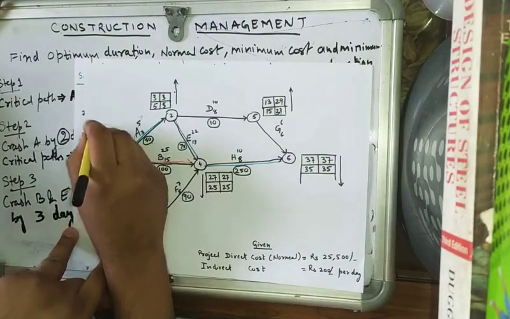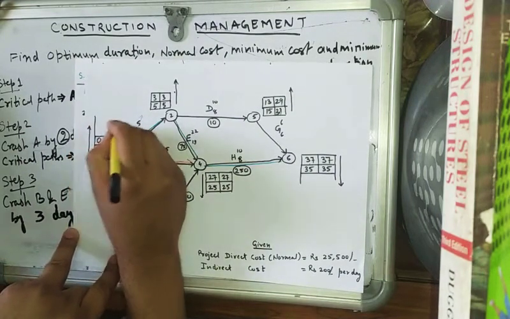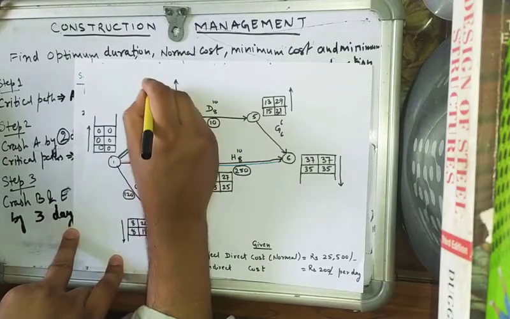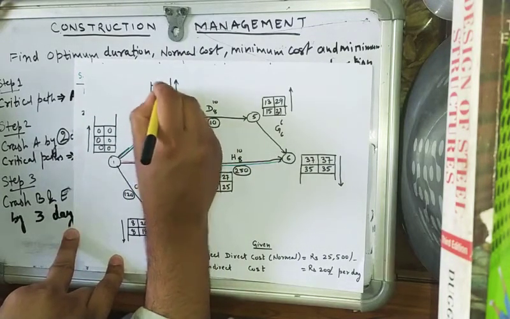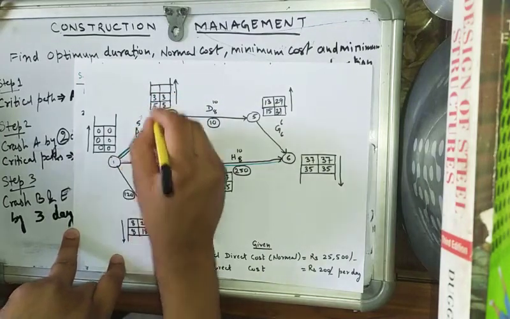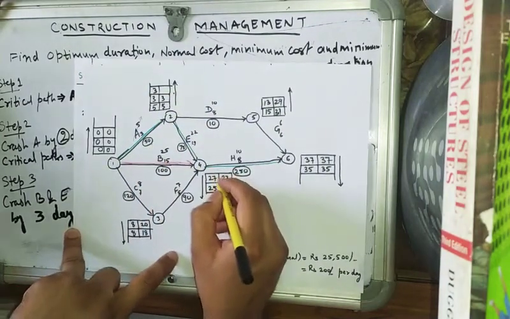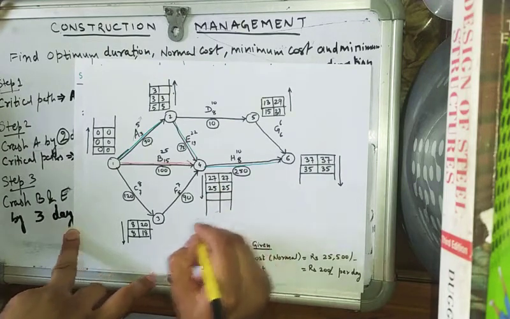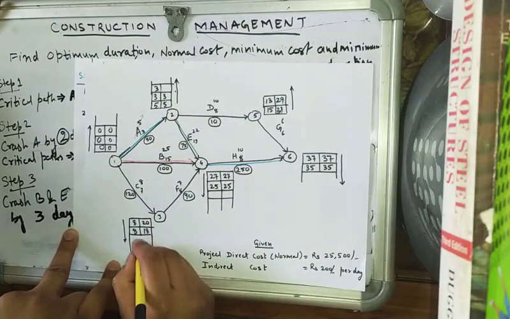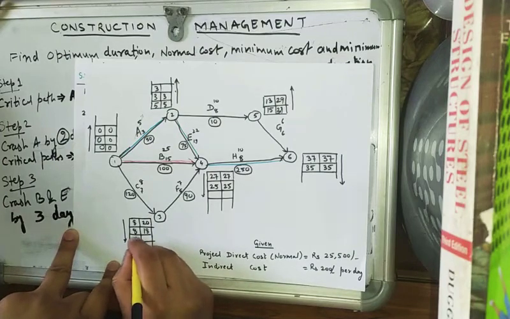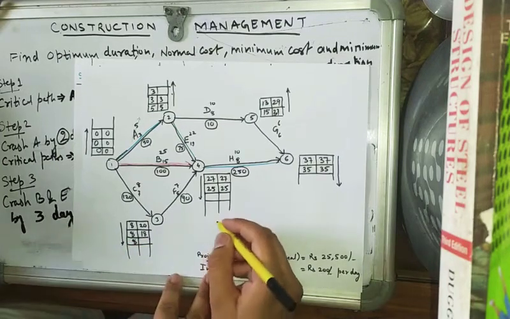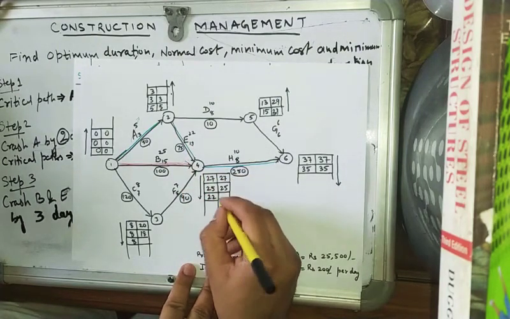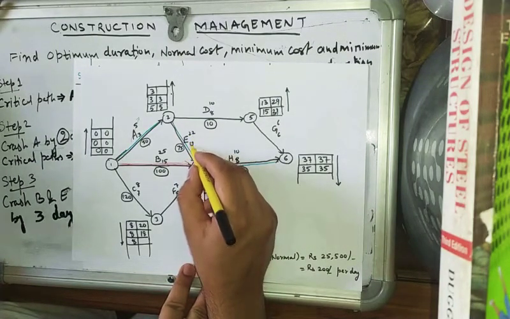We'll quickly calculate. So this will be 3 and this will become 19.